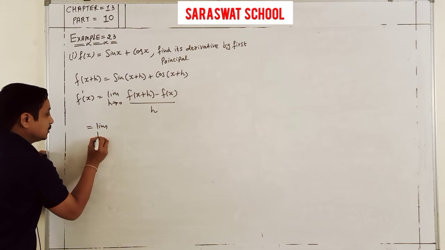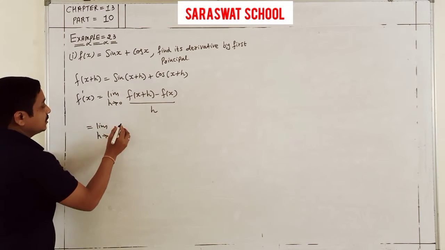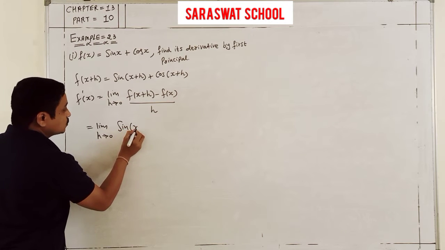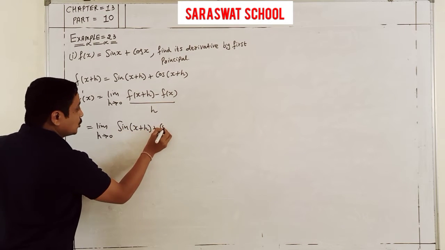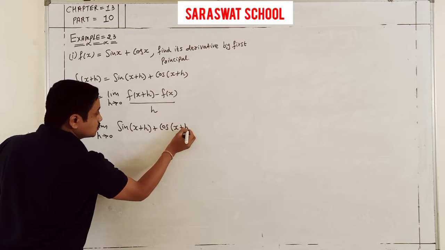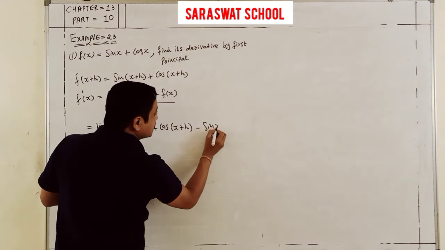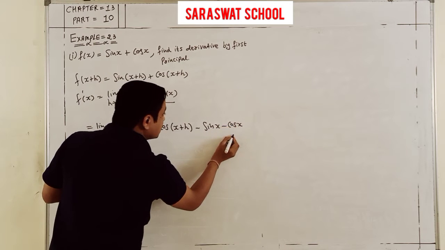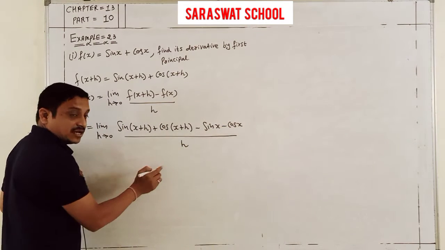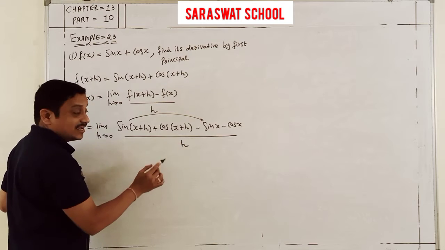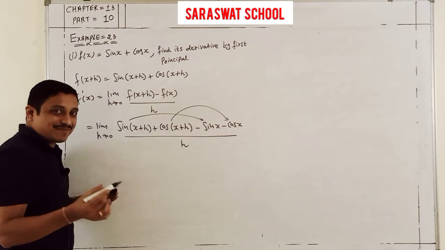limit h tends to 0, sin of x plus h plus cos of x plus h, minus f of x, which is sin x plus cos x, below h as it is. Now I arrange this with that and this with that.